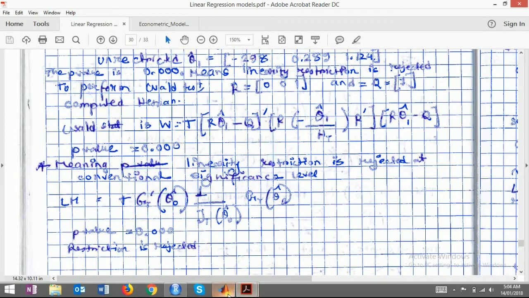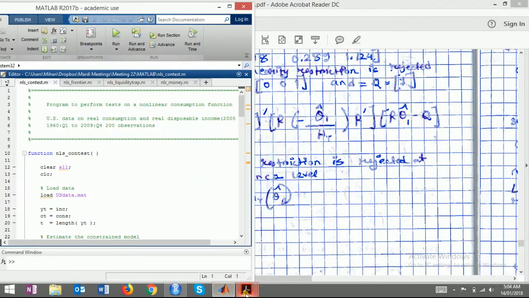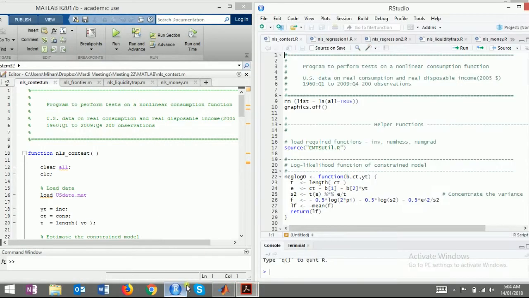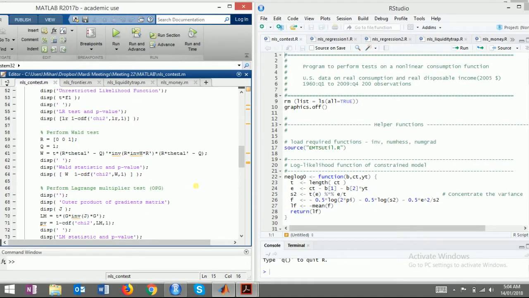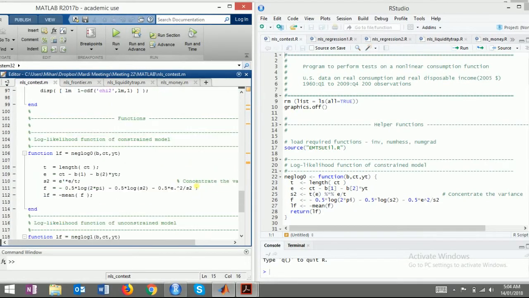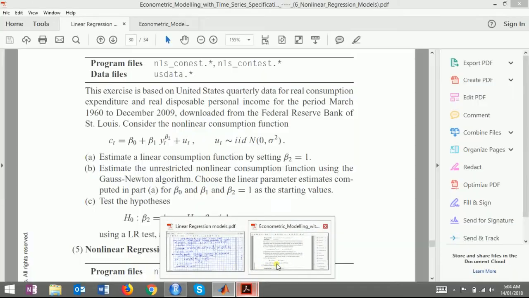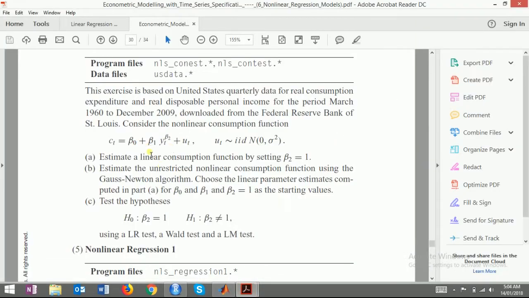Okay, so let's have a look into the problem. Do you have any log likelihood functions? Yes, we'll start with the log likelihood function. So how many unknown parameters do we have in our equation? We have beta naught, beta 1, beta 2.